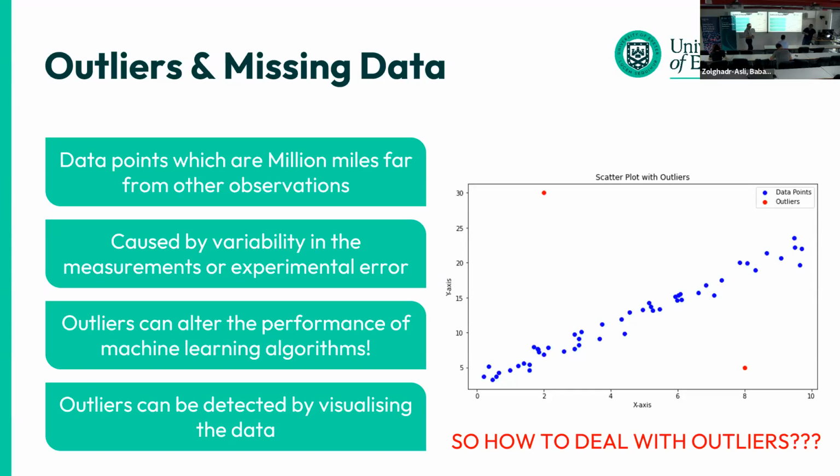But if not, we should think twice before removing it, before doing any processing on outliers. It is a really hot topic these days. Outliers and missing data are hot topics because of data scarcity in industry. I would appreciate talking more about it later on.